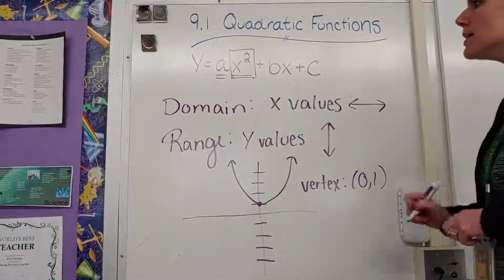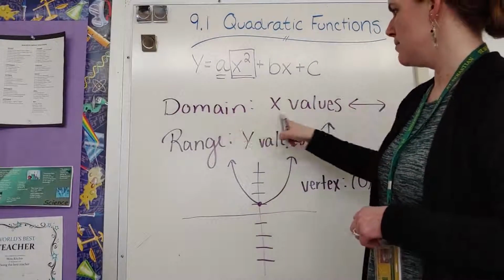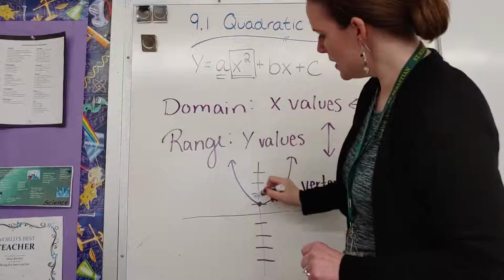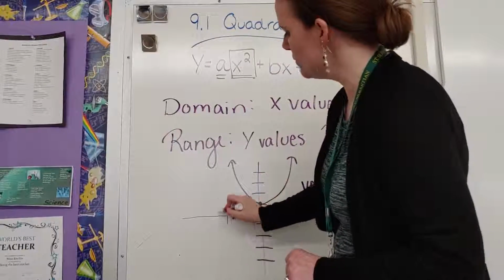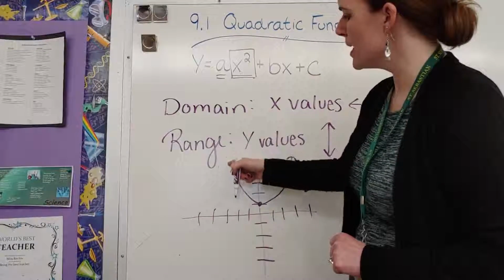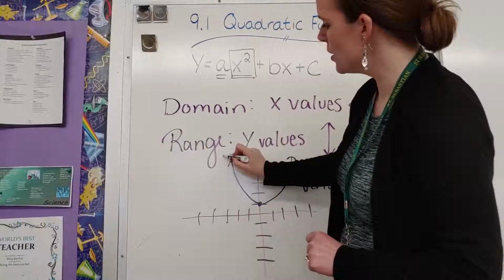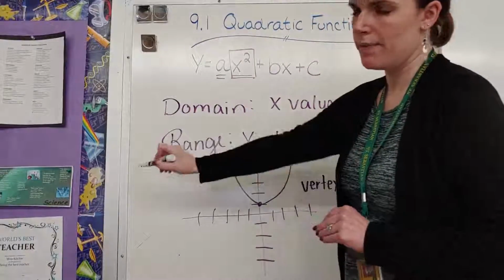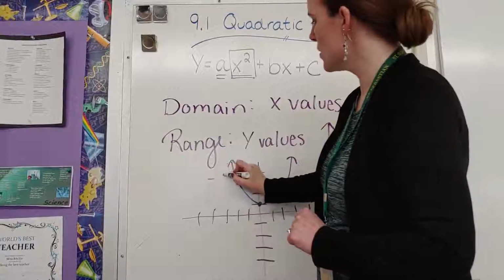Now, my domain, meaning the x values, even though it appears like it might be stopping, this would actually go on forever. Forever and ever, this way. So this is going towards negative infinity.